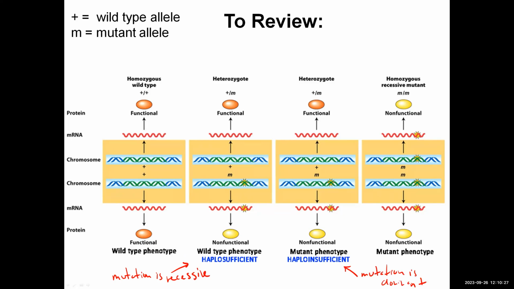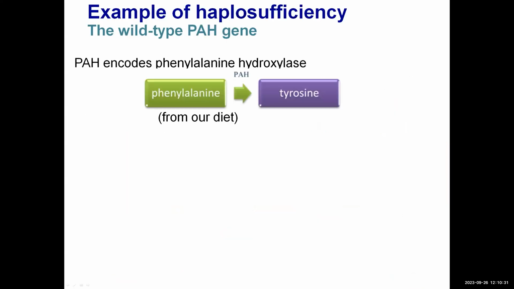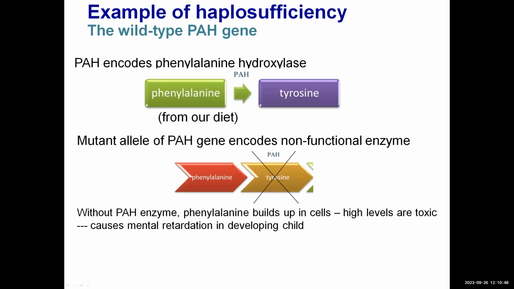So, what are some real world examples? PAH encodes phenylalanine hydroxylase, which is important for converting phenylalanine into tyrosine. It's one of the ways that we get tyrosine from our diet. Mutant alleles of this gene encode a non-functional enzyme. Without the enzyme, phenylalanine builds up in cells and can become toxic.